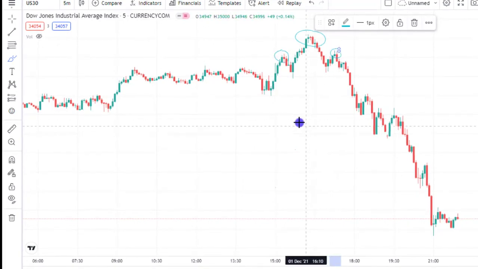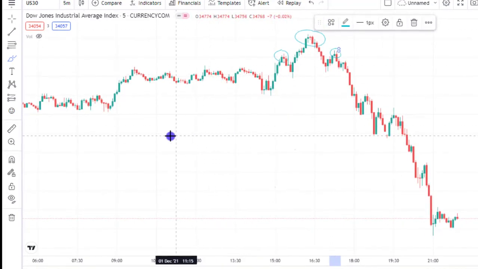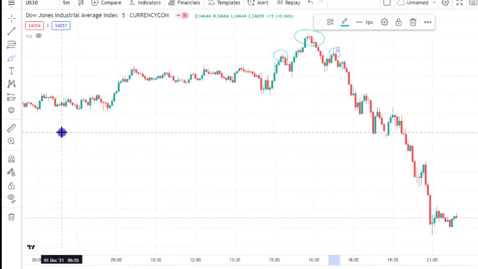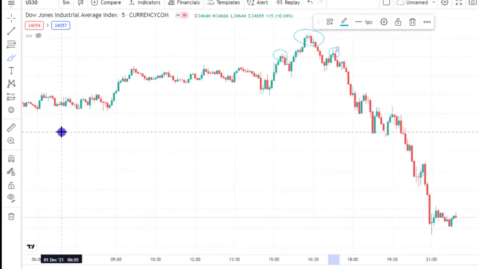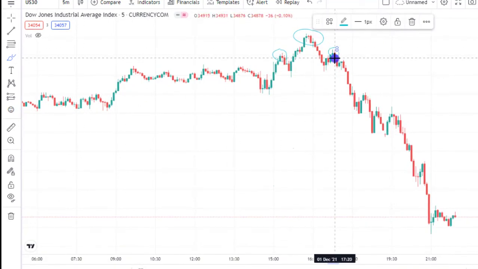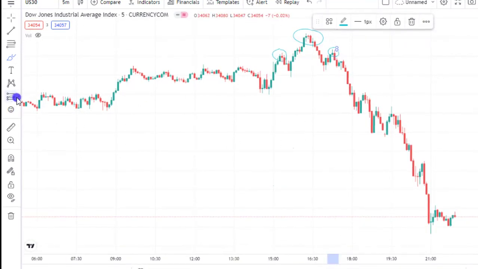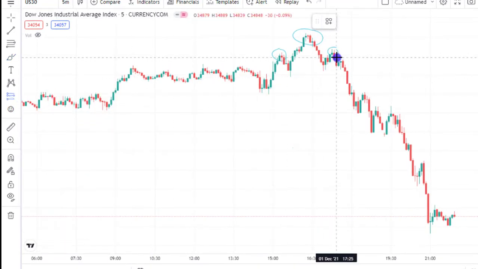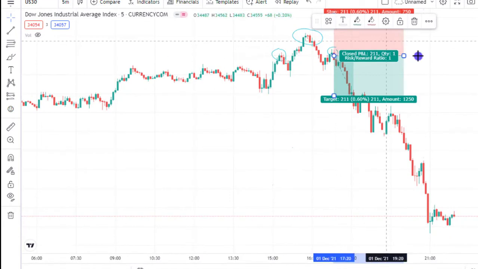So since we are in a downtrend, we are always looking for sell opportunities. So now, having formed a head and shoulder pattern here, we'll be going short here from our right shoulder.